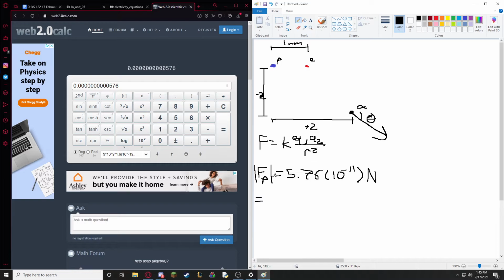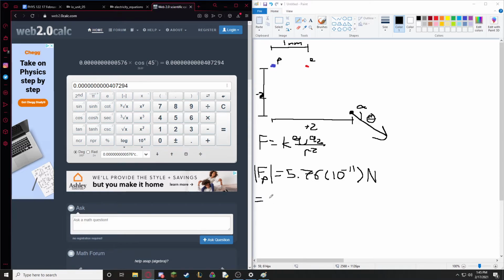We have our magnitude. How do we get the x component of this force? It would be cosine 45 times the magnitude. Exactly. We have the cosine of our 45-degree angle.